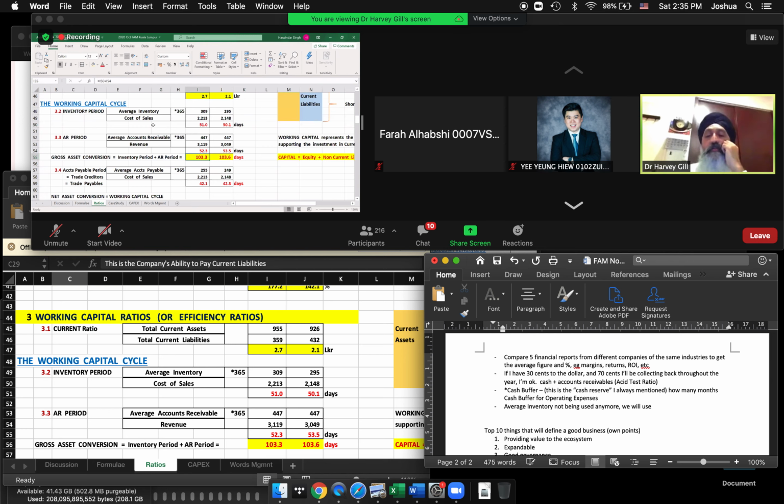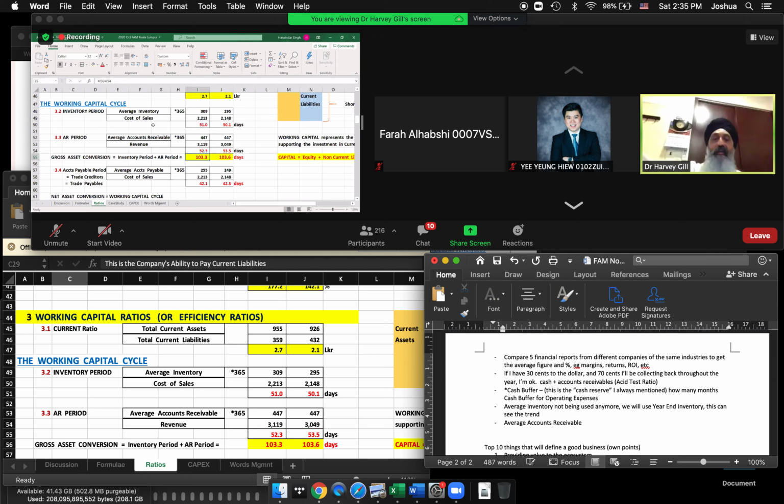They had the accounts receivable for almost 2 months. Altogether, their money is tied up in their stocks and debtors for just over 3 months, just over 90 days, so this is 103 days.